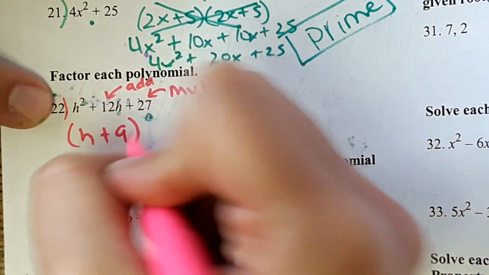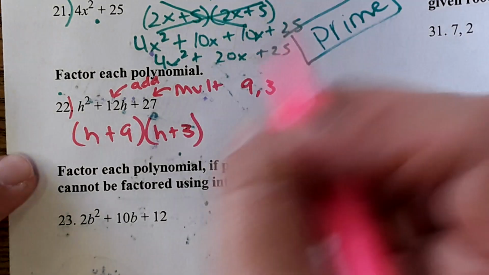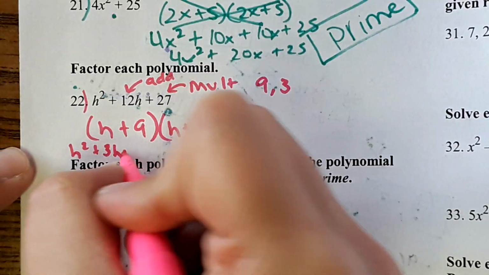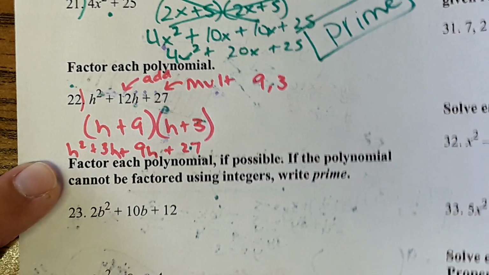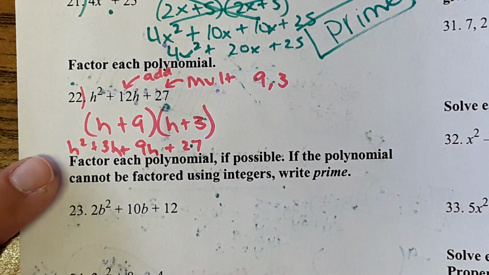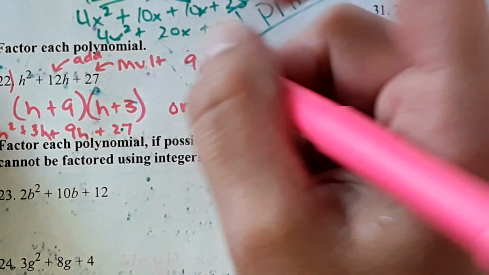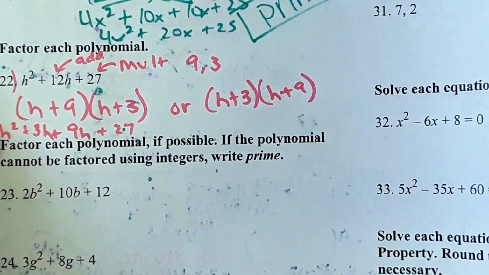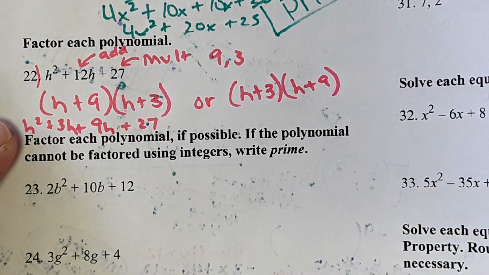H plus 9, h plus 3. You might even FOIL it out just to make sure it equals that same original. And it does. Cool. So that's how I did it on my end, and then I looked at the answer key, and that wasn't there. But what was there, that's the same thing, is h plus 3, h plus 9. So however it is, or whatever order, that is fine.